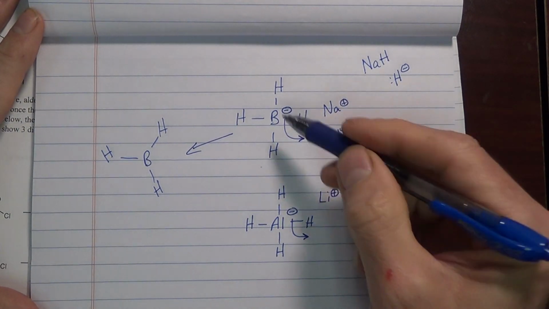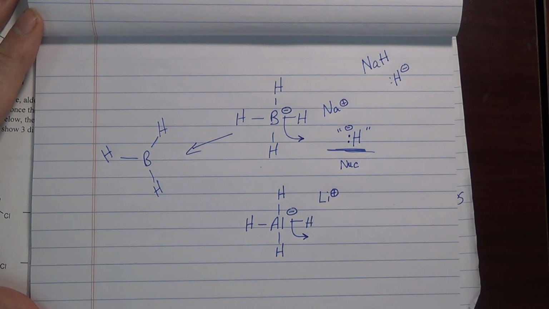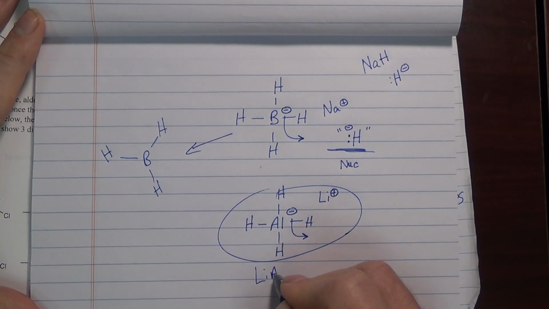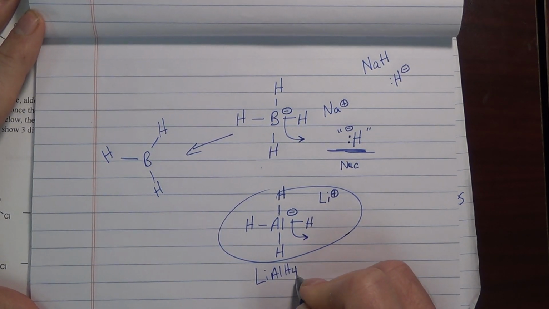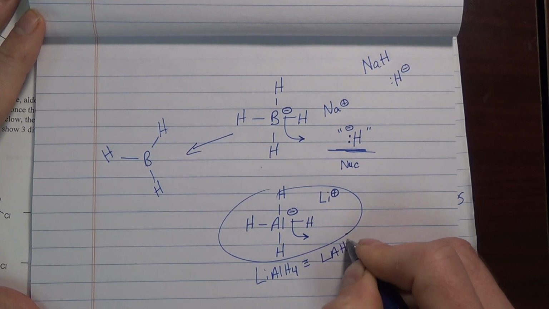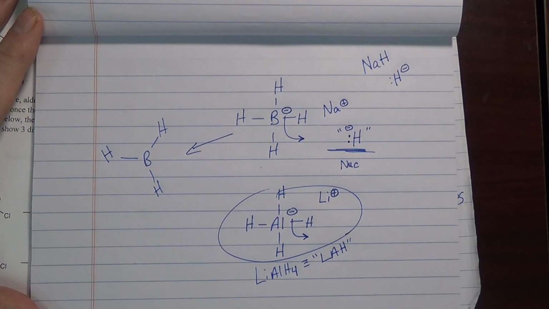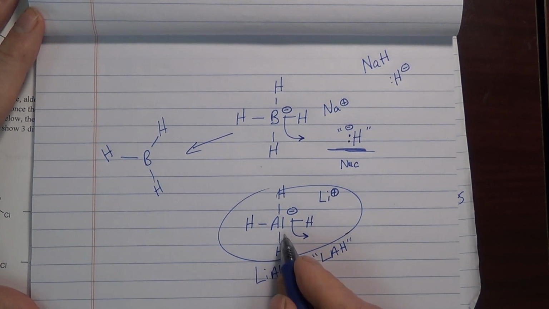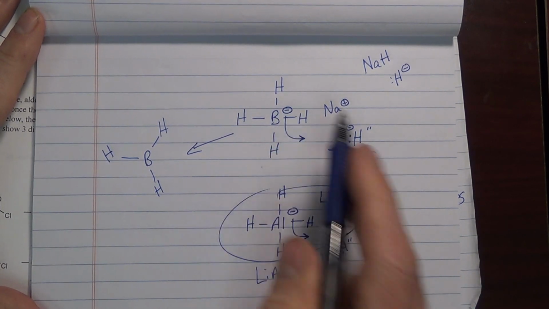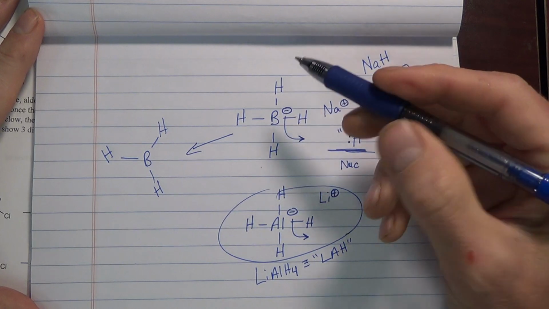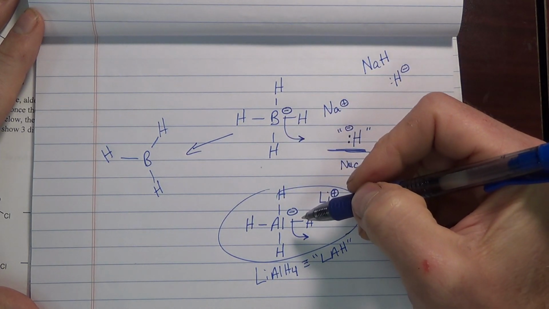Now, which one is more reactive? Well, LAH. By the way, I call it LAH, lithium aluminum hydride. A lot of times it's just abbreviated as LAH, or when we say it. LAH is more reactive as a hydride source than sodium borohydride. Which central atom matters?